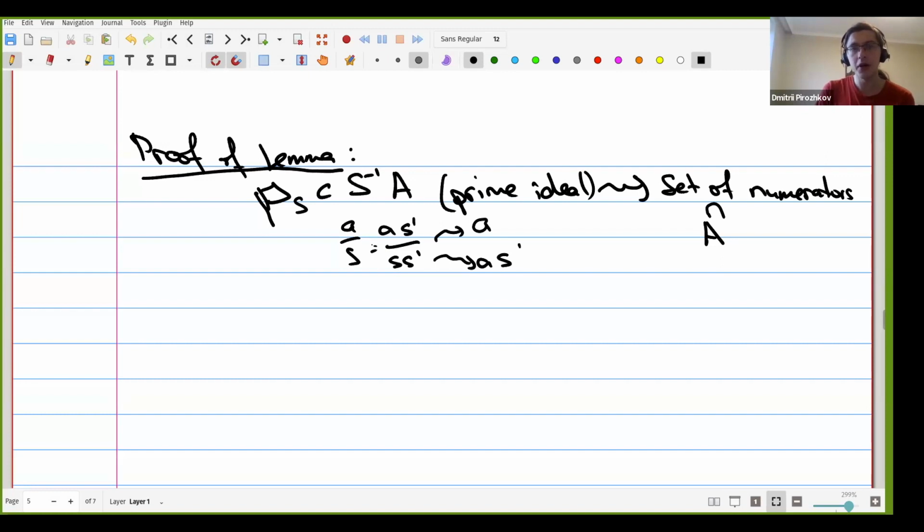So it seems that the notion of the numerator is not well defined, but since we are looking at the set of all possible numerators, we just take all of them, and this gives a well-defined subset of A. And in fact, this is a prime ideal.